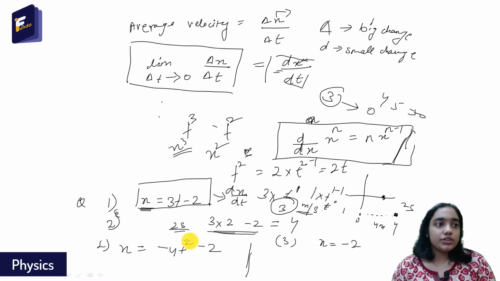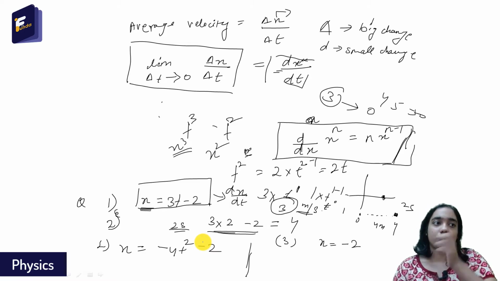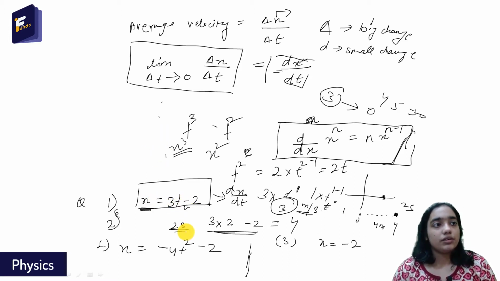So in the second question, we will find the derivative of this function. If you could not solve the first question, then please pause the video and try to solve these 2 questions which I have given you, and then proceed to the answer. So for instantaneous velocity, we have to find dx by dt.